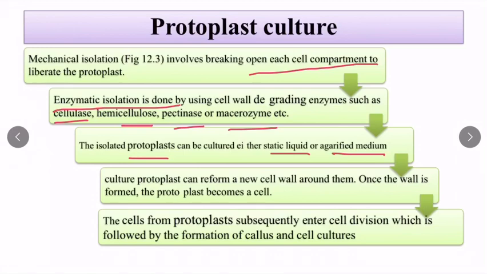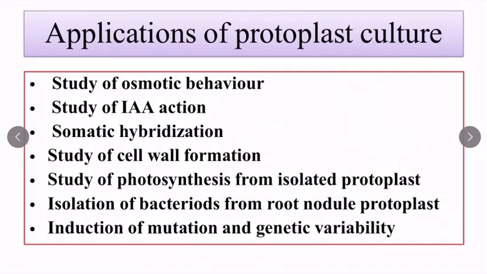Then the cultured protoplast can reform a new cell wall around itself. Once the wall is formed, the protoplast becomes a cell. At that time, sometimes fusion of protoplasts takes place, which is known as protoplast hybridization. The cells from protoplasts subsequently enter cell division, followed by the formation of callus and cell culture.